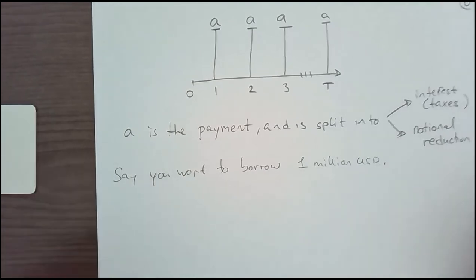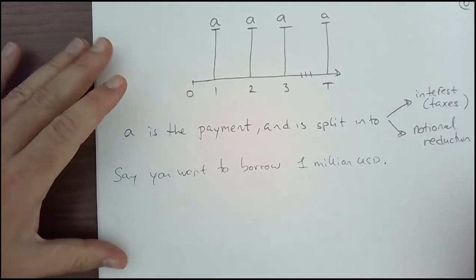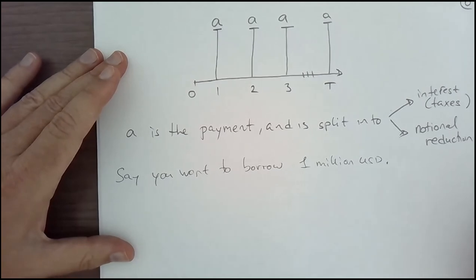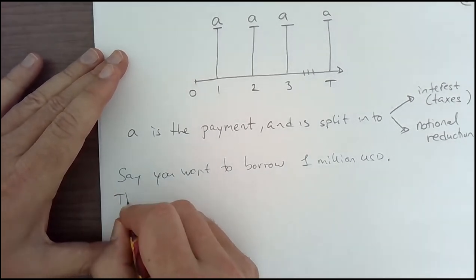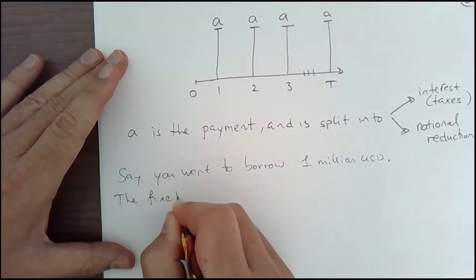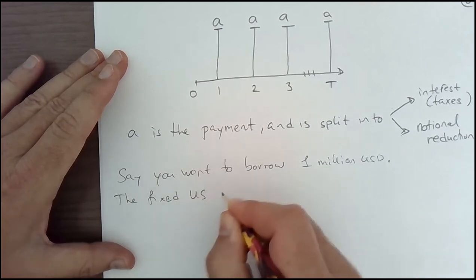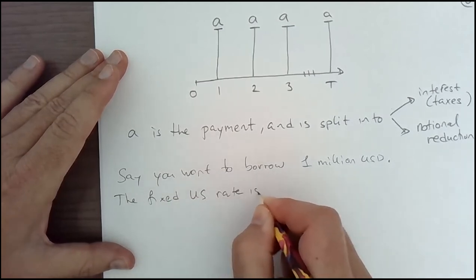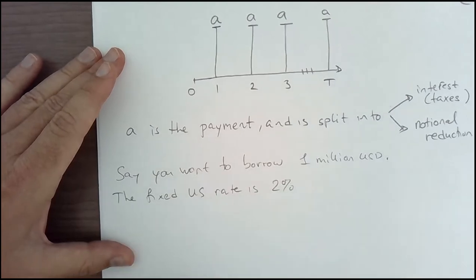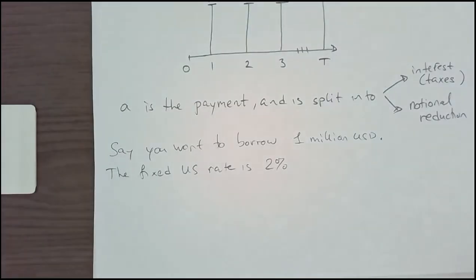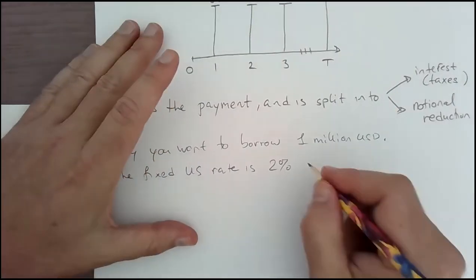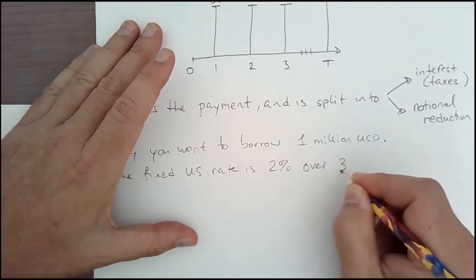In today's environment, the fixed US rate is give and take 2% over 30 years.